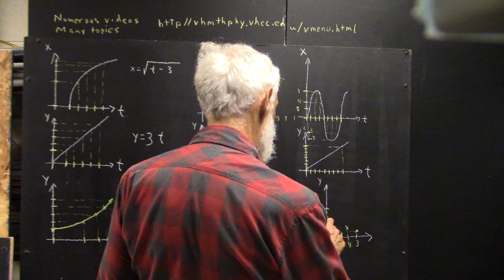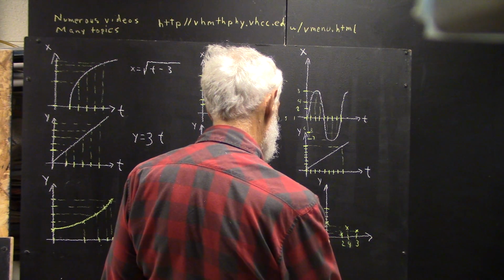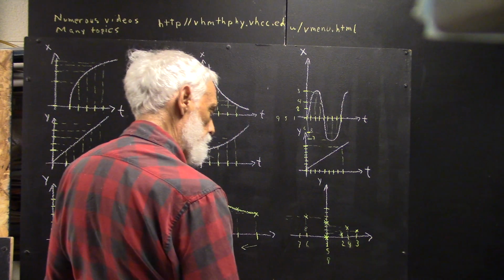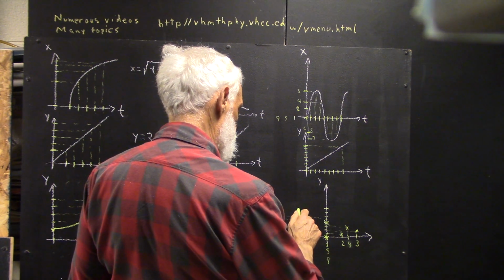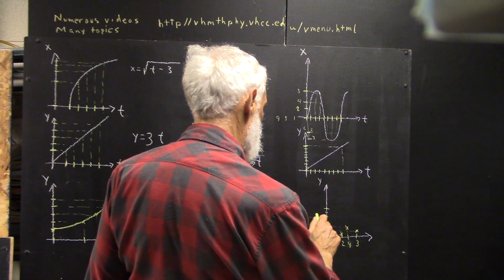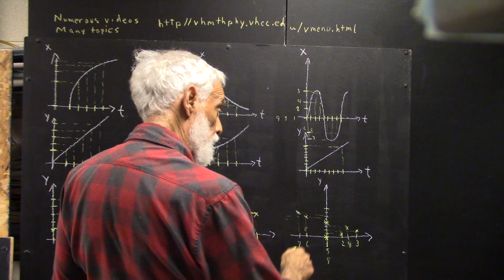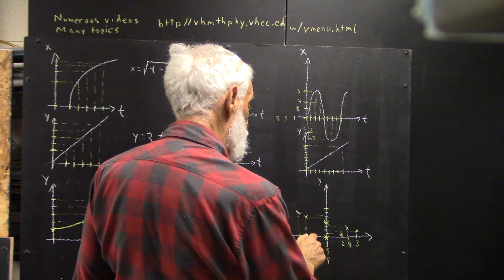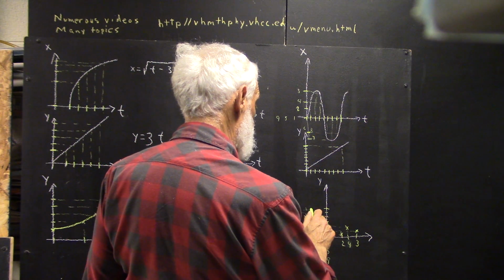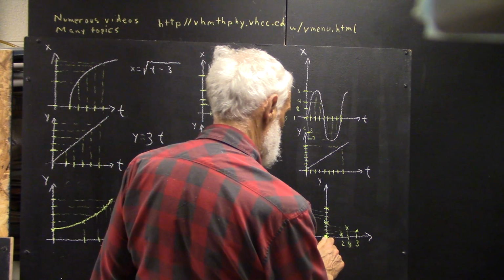The sixth one is here, and you can see what's going to happen. Seventh one is going to match up with the seventh point. The seventh x value matches up with the seventh y value. Eighth x value back here again matches up with the eighth y value, and the last one matches up.